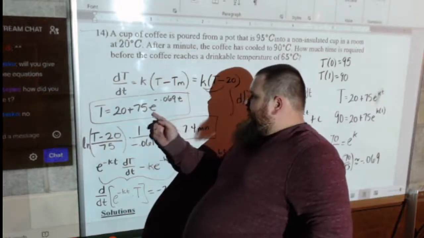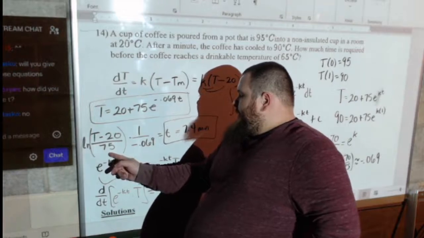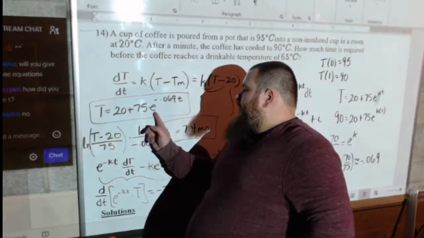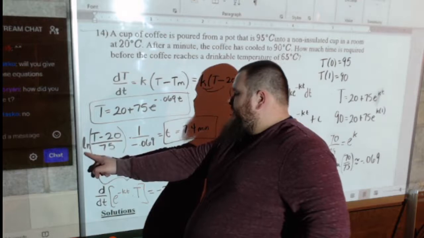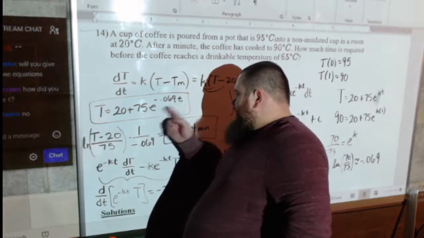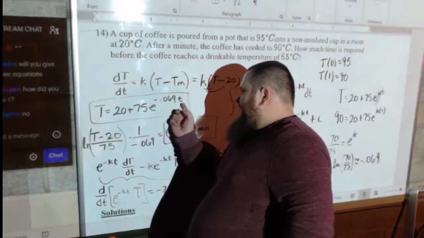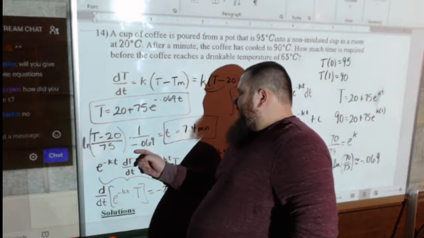So to get the E portion by itself, you would divide by 75. Then to get rid of the E, you would take natural log of both sides. So you would have natural log of this stuff equals the power times t. And if you want t by itself, you would then just divide by that number in front.